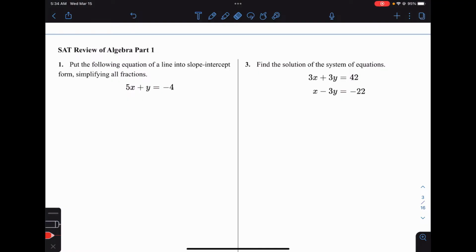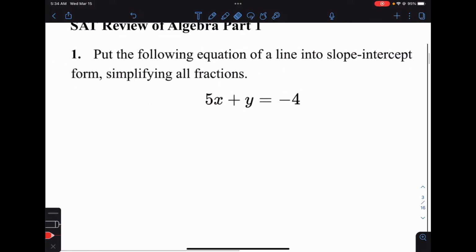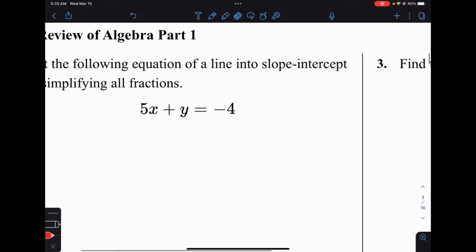So, the first question says, put the equation of a line into slope-intercept form, simplifying all fractions. All right, so what is slope-intercept form? Slope-intercept form is a form of a line that is set as y equals mx plus b.